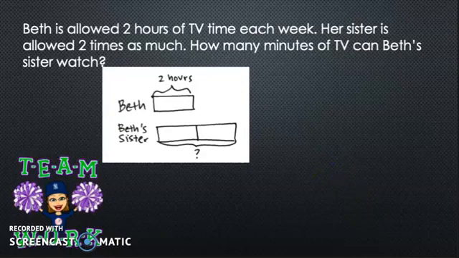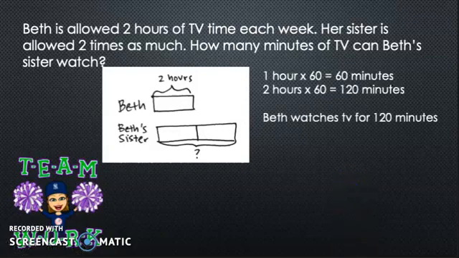So using my conversion table, I know that 1 hour is equal to 60 minutes. So 2 hours is equal to 120 minutes. That means that Beth watches TV for 120 minutes. So Beth's sister is allowed 2 times as much.